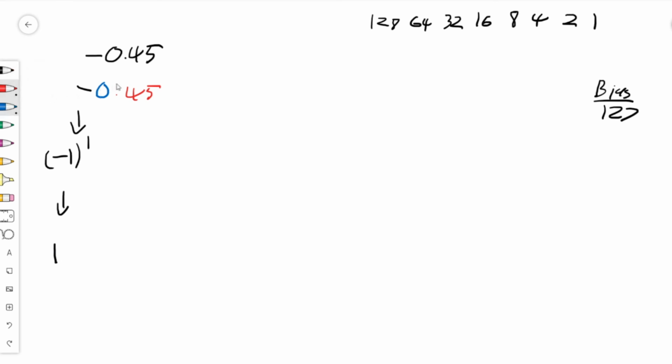Next we need to convert the left-hand side of our decimal point into binary, which we know is 0. And next we need to convert our fractional into binary. So let's begin doing that.